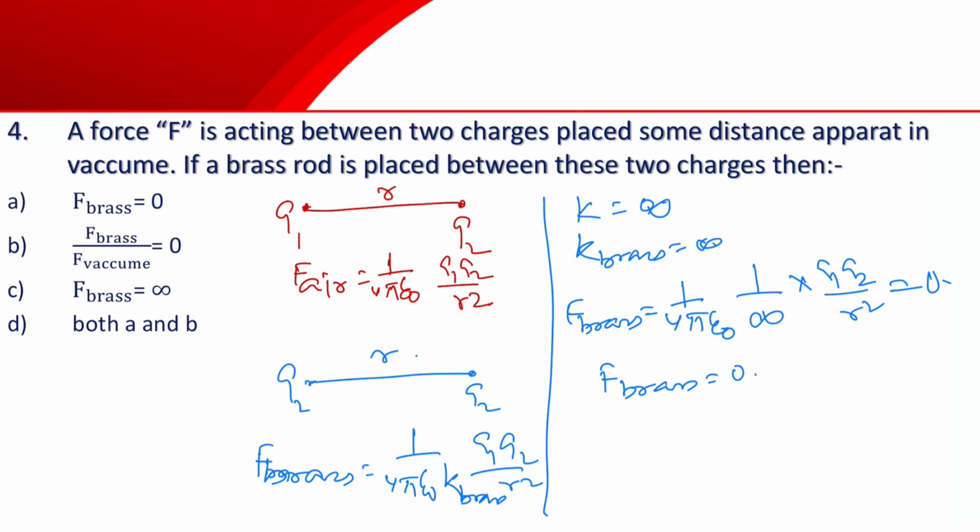Now this is option A, but F brass being infinity will not be correct. If we calculate F brass by F vacuum, this is 0 by F air or F vacuum. This will again be 0, because 0 by something is 0. So the answer will be D: both A and B are correct.